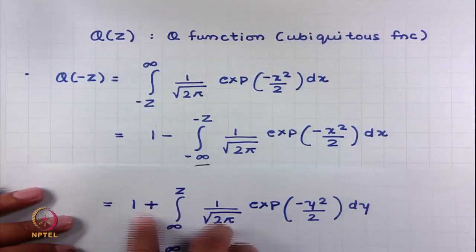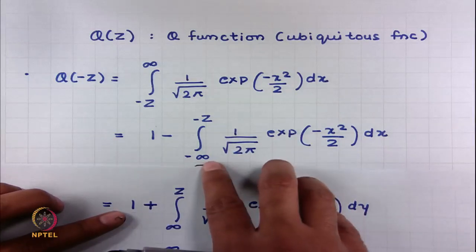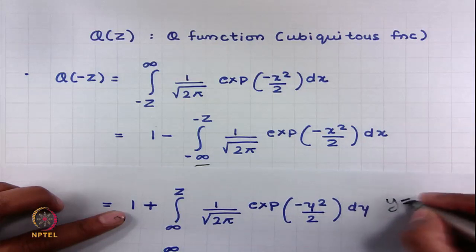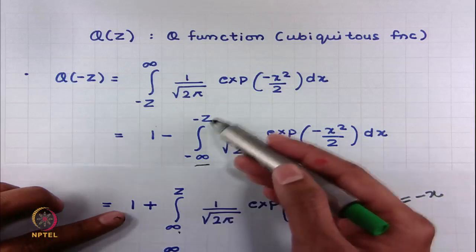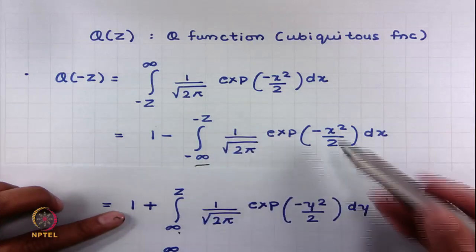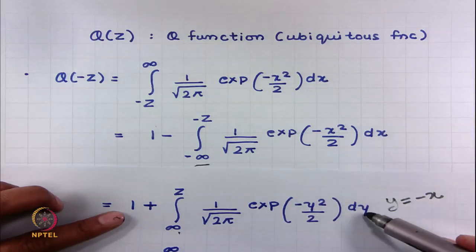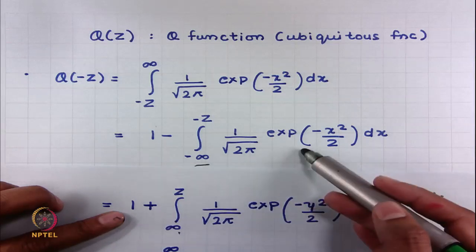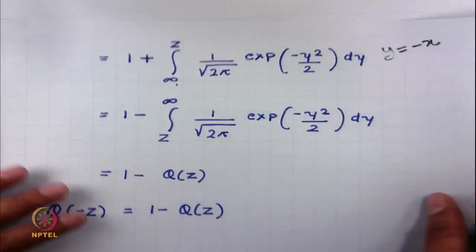So, we will have 1 plus, because x is minus infinity and y is minus x, this will become infinity, minus z will become z, minus x square will become minus y square, dx becomes dy with minus, but we have already absorbed this in here. So, this integration boils down to this integration, all right.